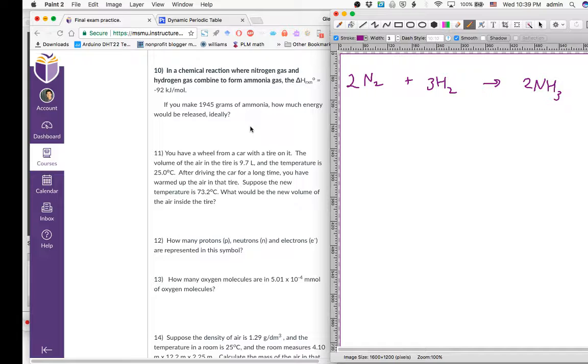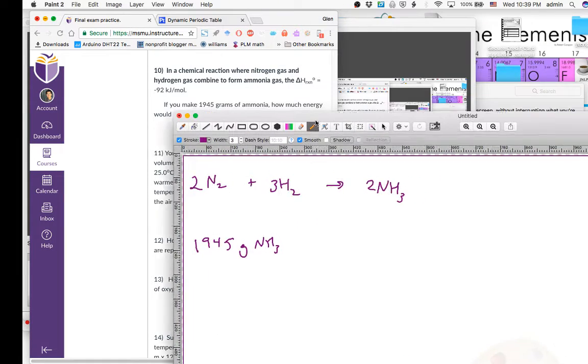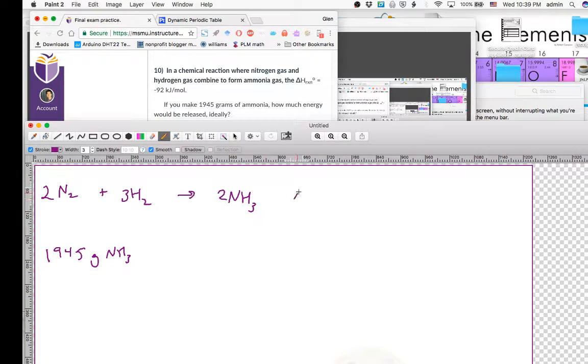Now I'm going to figure out how much energy gets released if I make 1945 grams of ammonia. So 1945 grams of NH3. Obviously I'm going to have to use the chemical equation, because the chemical equation tells us how much of these chemicals we need and how much energy we're going to get from them.